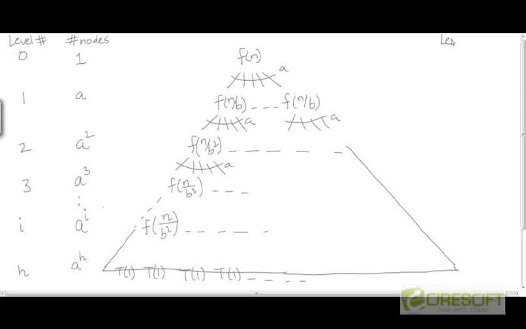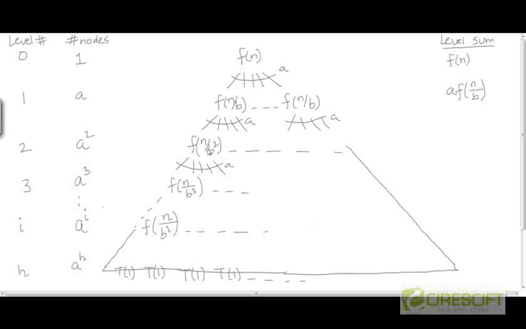Let's now compute the level sums. At the topmost level, level 0, we have a single node with a cost of f of n. So our level sum will simply be f of n. At level 1, we have A nodes, each with a cost of f of n by b. And so our level sum is going to be A times f of n by b.